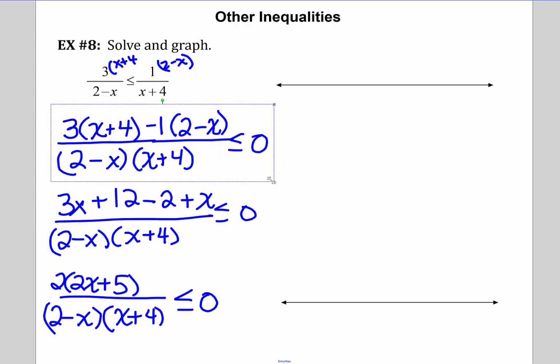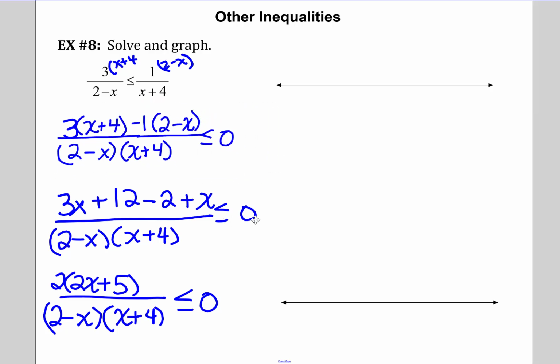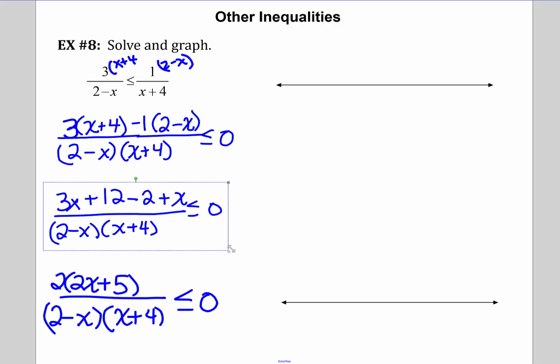Okay, so that was a lot of algebra. You with me? Hopefully. Our critical numbers: we have one vertical asymptote at 2, we have another one at -4, and we have a 0 at -2.5.